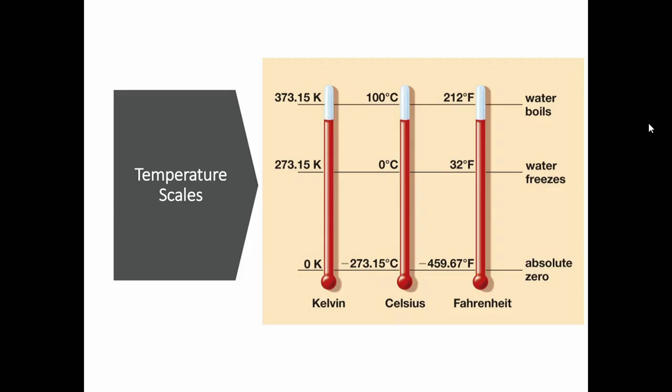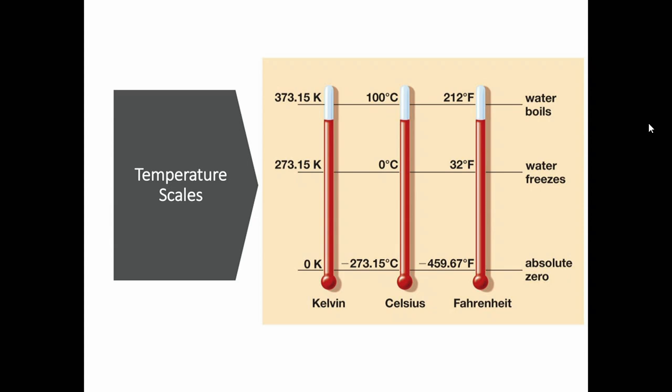For this class, we're going to use Kelvin, which is the superior temperature scale. The way you devise a temperature system is you pick basically two points of interest, and you assign those points of interest a temperature or a number on your scale.